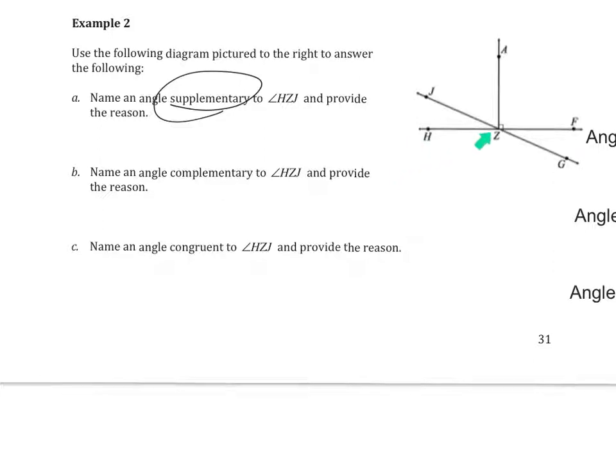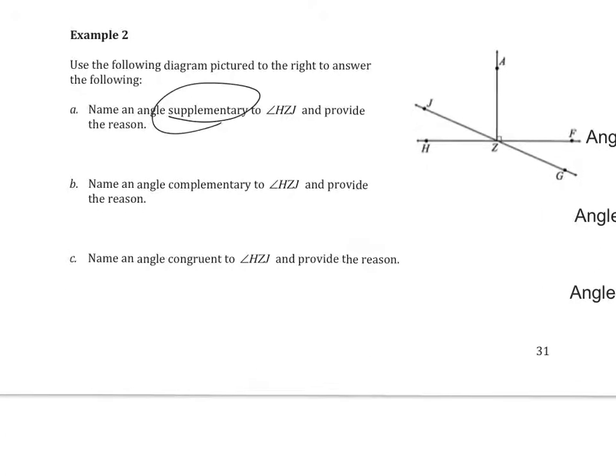This is H, this is Z, and this is J. So I'm talking about the angle that's right in here, HZJ. The angle that is next to HZJ, this one right over here, if I look at this line here, would be this angle here.